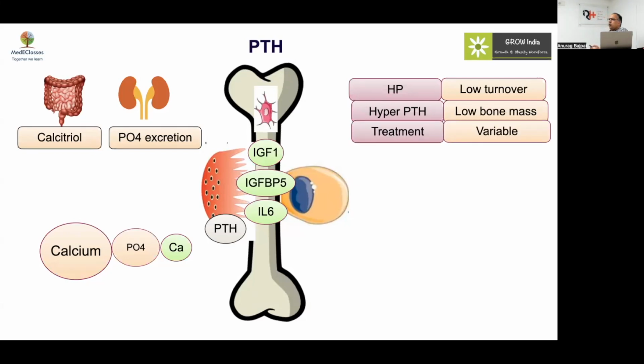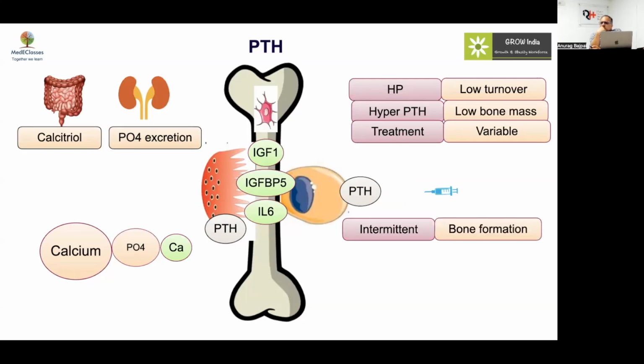Treatment with PTH also has a variable response. So if you give a continuous versus a pulsatile PTH, what is the difference? Continuous PTH formation compared to intermittent. Okay, so when you give continuous, what does it mean?